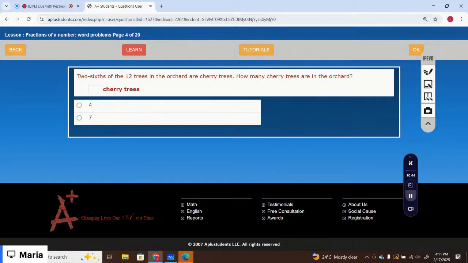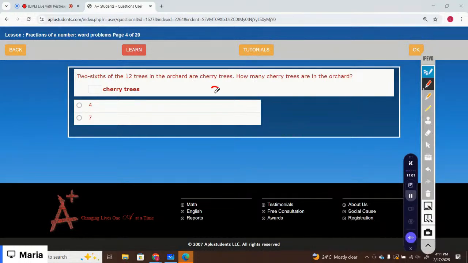2 sixths of the 12 trees in the orchard are cherry trees. How many cherry trees are in the orchard? 2 sixths of 12. So, you have to do 2 by 6 times 12.